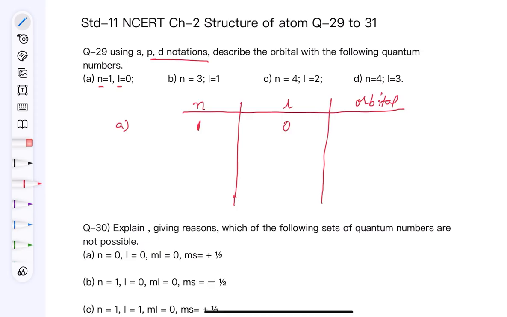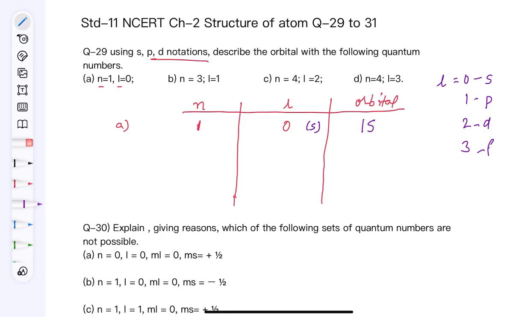We are aware that when the value of L is 0, 1, 2 and 3, the corresponding orbitals are S, P, D and F. So this question becomes very easy. When n is 1 and L is 0, it corresponds to orbital S. So your orbital will be 1s.